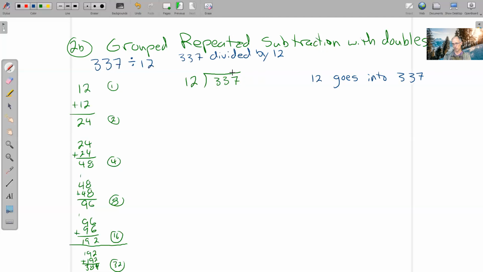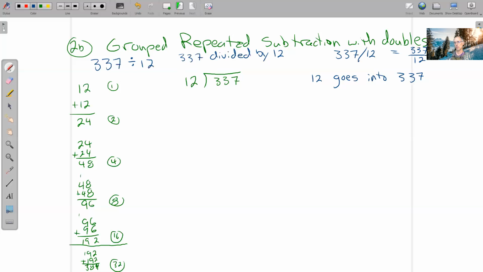So it's a good idea to call this symbol something. It's not really a division symbol, but it is. It's different than this division symbol, but the numbers change direction. They changed orientation, and that messes a lot of kids up. So we have 3 division symbols, and we have the goes into symbol. Okay, so again, what do I mean by that? Well, we have this division symbol there. We also have the slash, 337 slash 12, or we could write it as a fraction, 337 over 12.